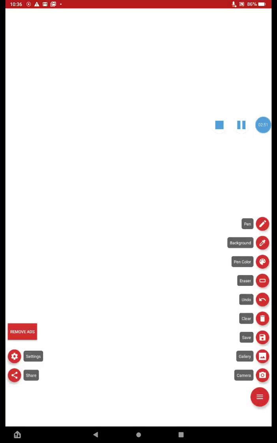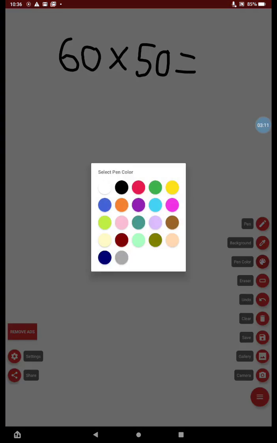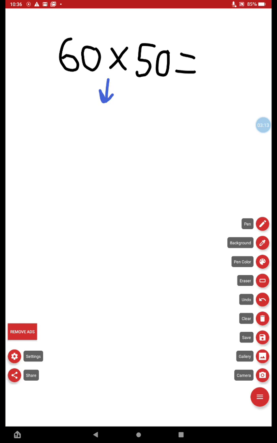Okay, let's take a look at a problem that might say like 60 times 50. Okay, well, if I've got 60 times 50, I'm going to break this up again. I know that 60 is the same thing as saying 6 times 10.